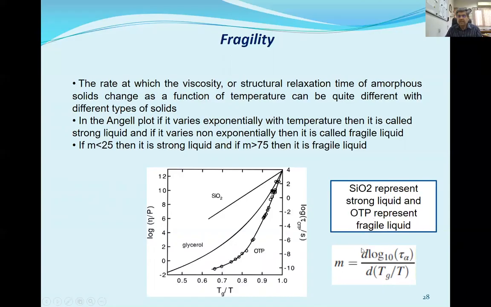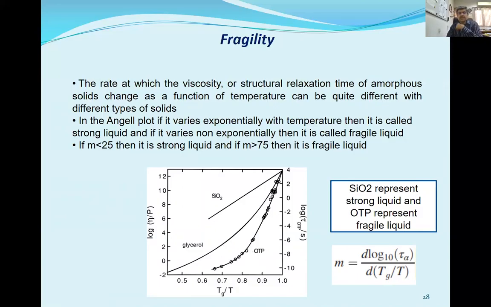And this is the equation that is used to calculate the m value, which we were referring to here. So the fragility can tell you the stability of the system. If something is a strong glass, then it is going to be relatively more stable, while if it is a fragile glass, it is going to be less stable.